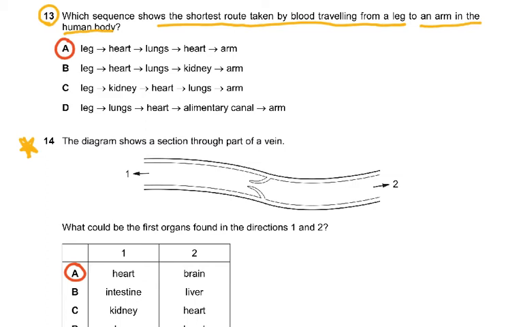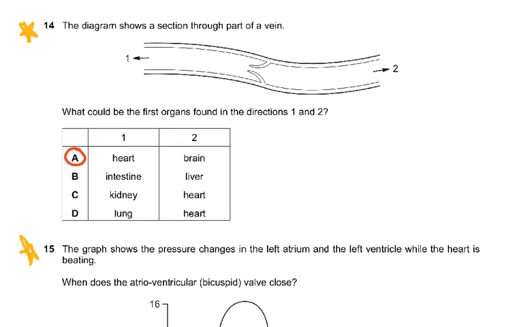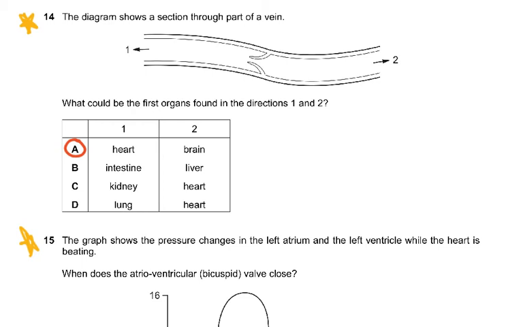From the leg, first it has to go through the vena cava back to the heart, then the pulmonary artery, lungs, pulmonary vein, heart, and then of course the aorta, and then an artery arising from the aorta, which could be the brachial artery or any name which you don't actually have to know.